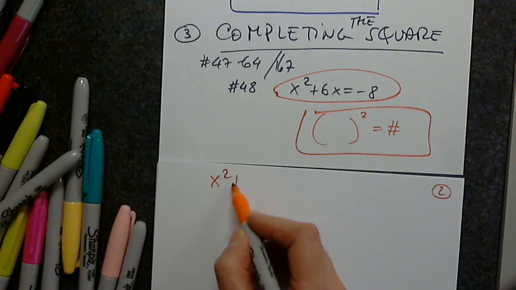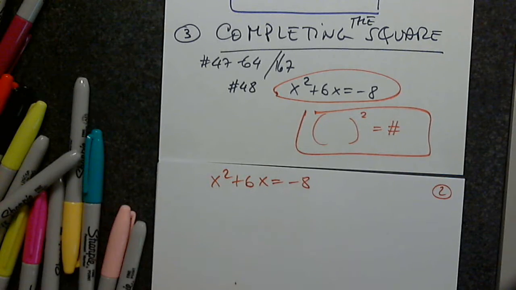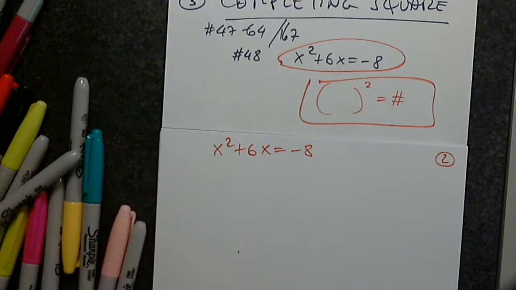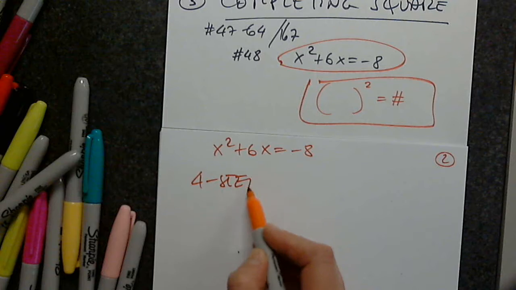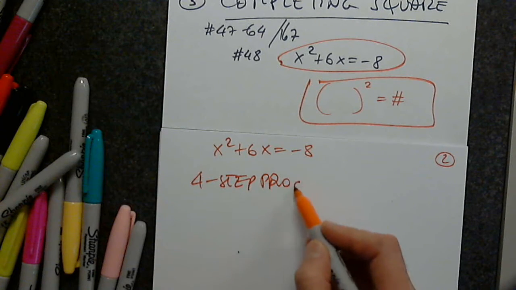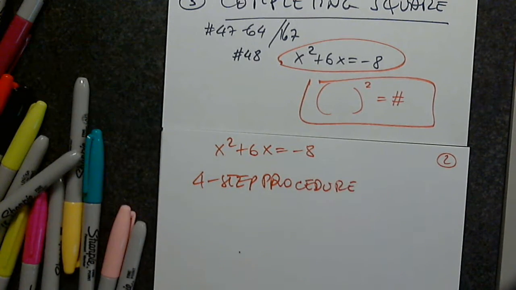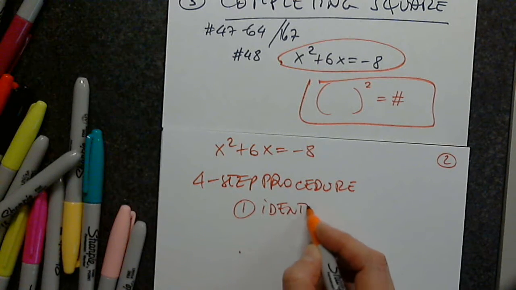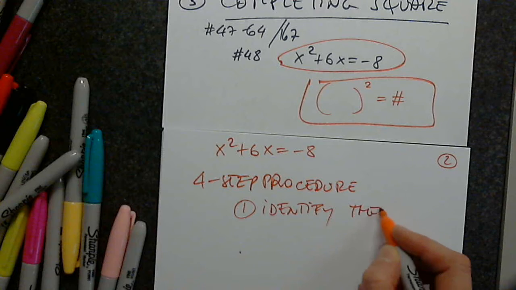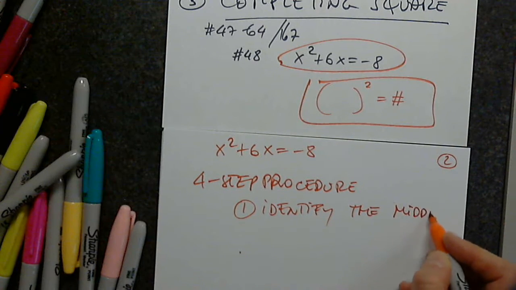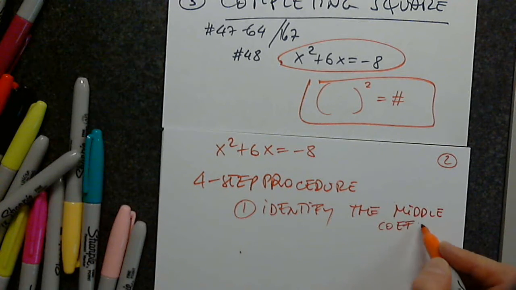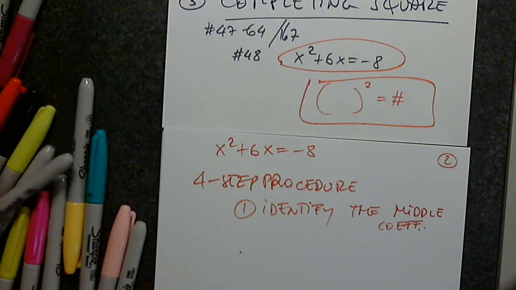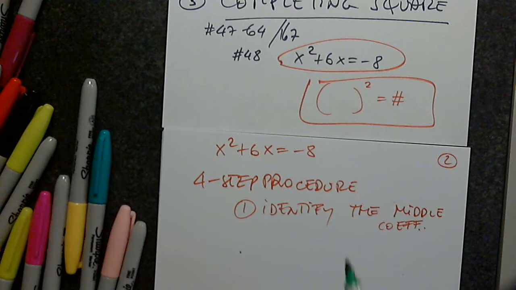So I'm going to copy the equation here. You don't have to do that. So here are the steps. A 4-step procedure. Step number 1, identify the middle coefficient. Can anyone give us the middle coefficient? 6 is the middle coefficient.